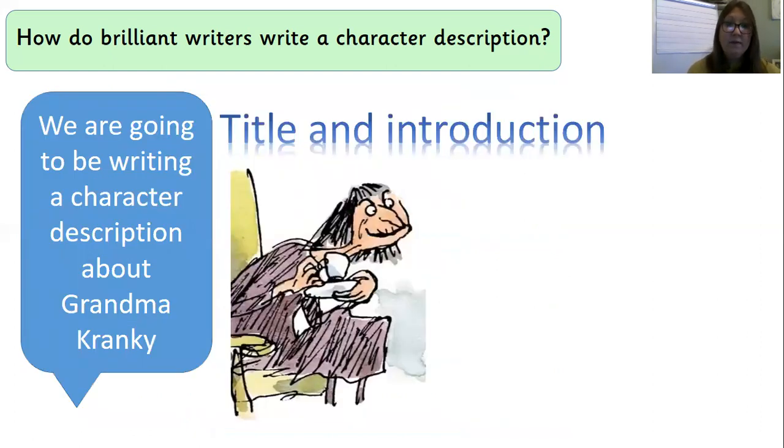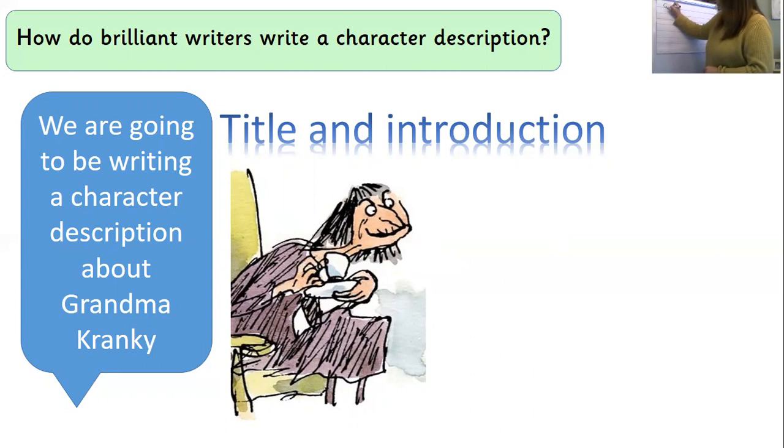So today we are going to be writing our character description about Grandma Cranky. We're going to begin by writing the title and the introduction. So we know that the title we're all going to write is Grandma Cranky. Okay, so I'm just going to turn around now onto my board. I know I'm very small, but I'm only going to write Grandma Cranky.